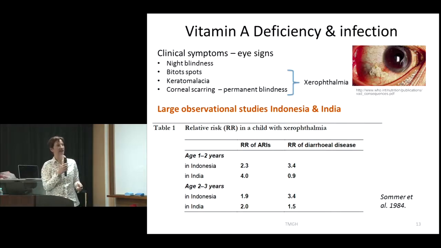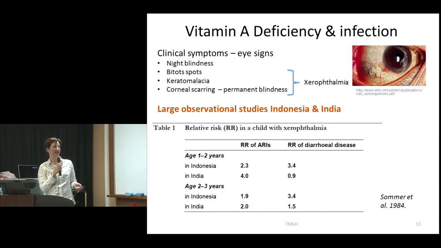And so in the 80s, I think this was done in Indonesia and India, he did observational studies and looked at the relative risk in children with actual eye signs of deficiency and their risk of getting acute respiratory infections or diarrhea.